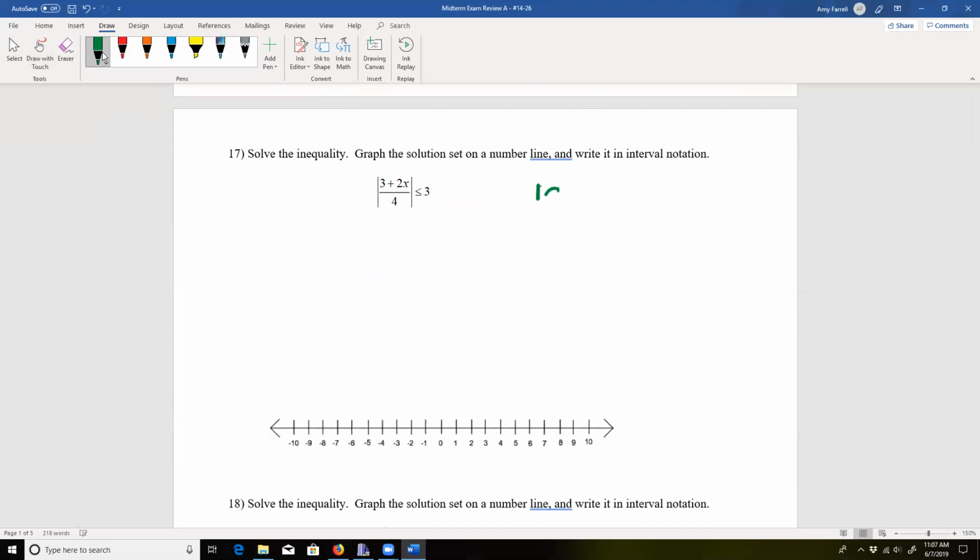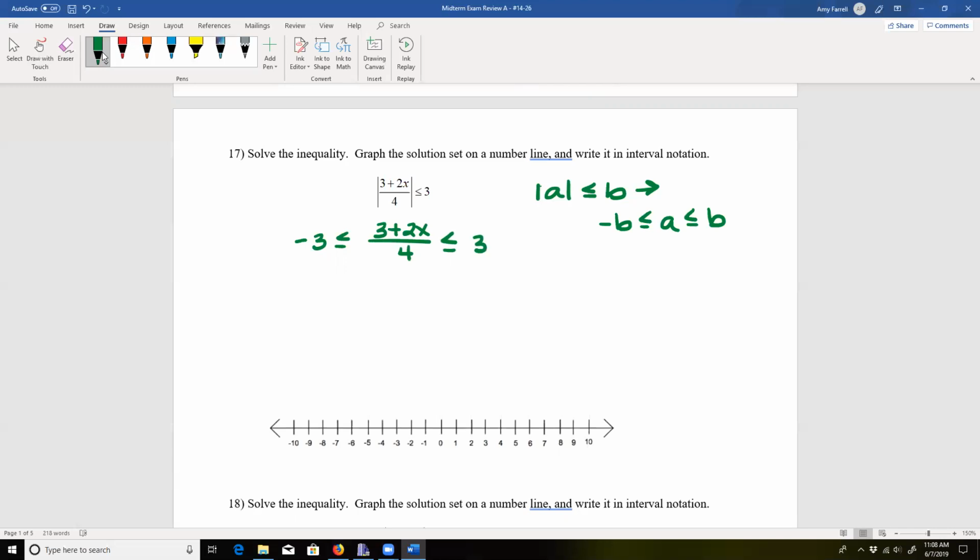So if you have the absolute value of A is less than or equal to B, this is equivalent to negative B is less than or equal to A, which is less than or equal to B. It's pretty easy to see that if you look at just a really basic absolute value equation, like the absolute value of x is less than or equal to 3. A little bit tougher when you get more complicated absolute value equations. But I can transform this into a three-part inequality. So what you see above is equivalent to this.